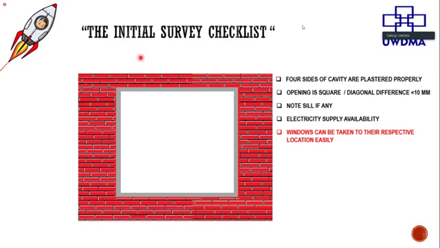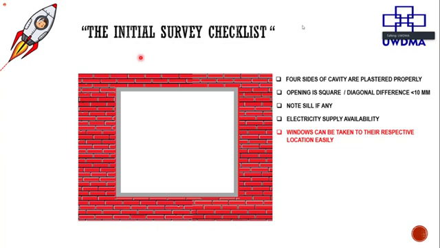If not, you have to ask your client beforehand how you are going to get electricity supply at this point. He has to arrange all that beforehand, and if you have to arrange it, you can ask for some extra cost. So you need to decide all this before sending your windows to the site.